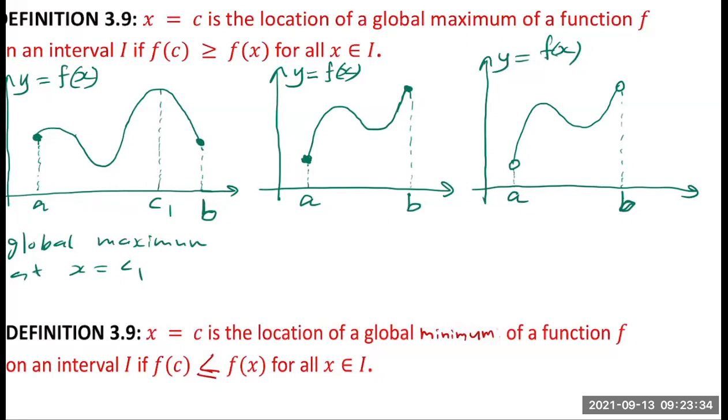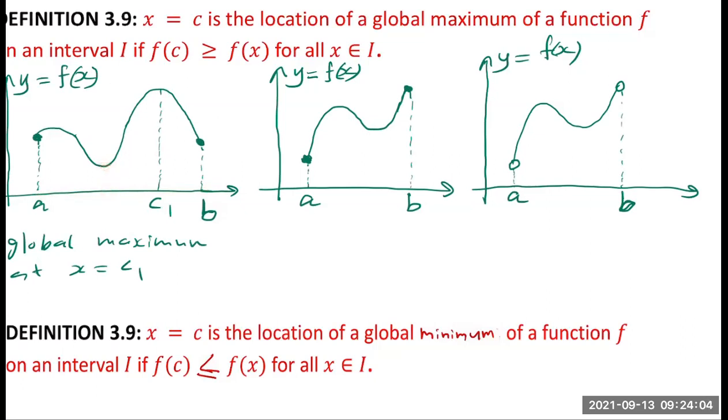Well, global minimum is the minimum y value for all the x values in this entire interval. Okay, what is the minimum y value in this interval? Clearly, this is the minimum y value, right? There is no other y value for x values in this interval which comes below this point. So we say that we have a global minimum at this particular x value.